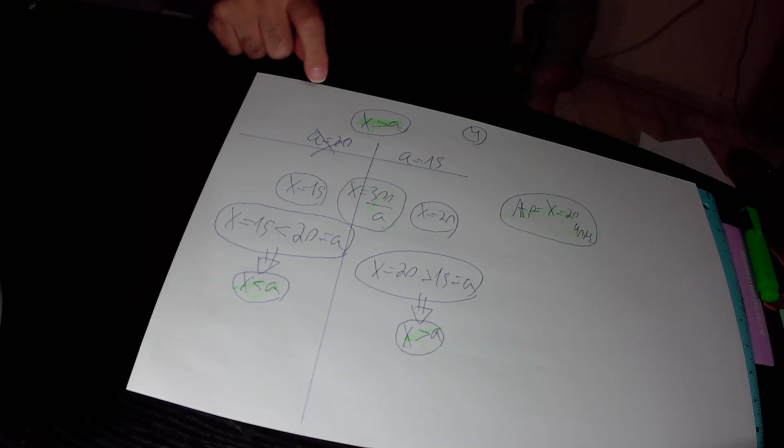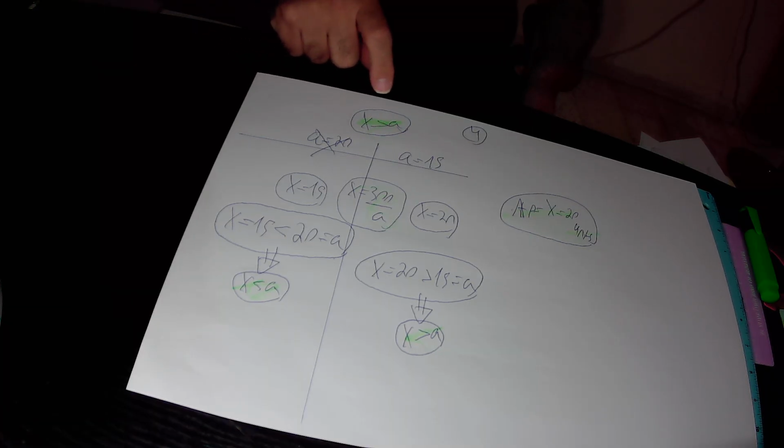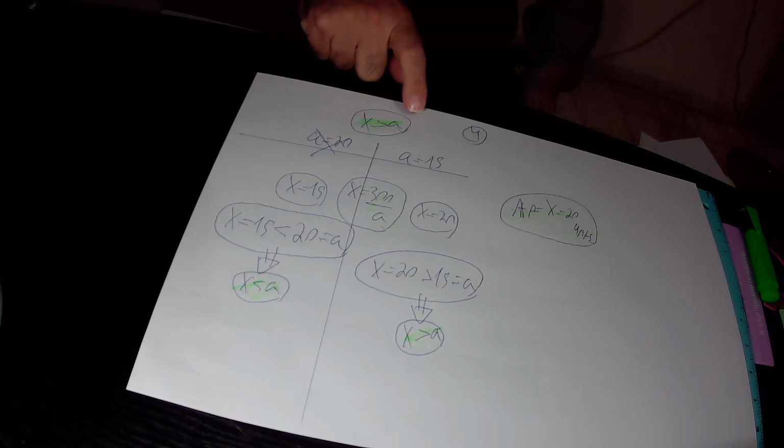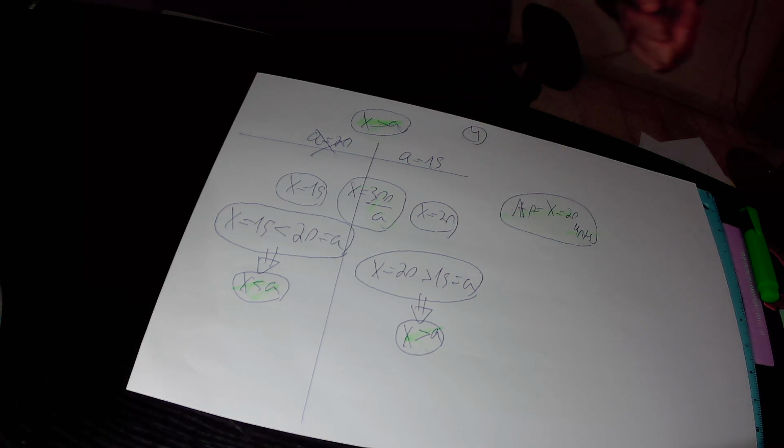A can never be equal to 20. The only solution for A is that A equals 15, then X equals 20.